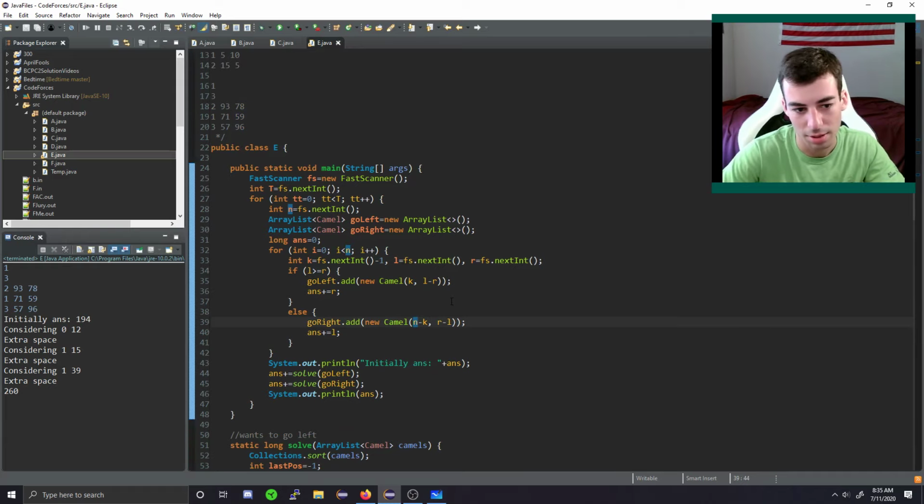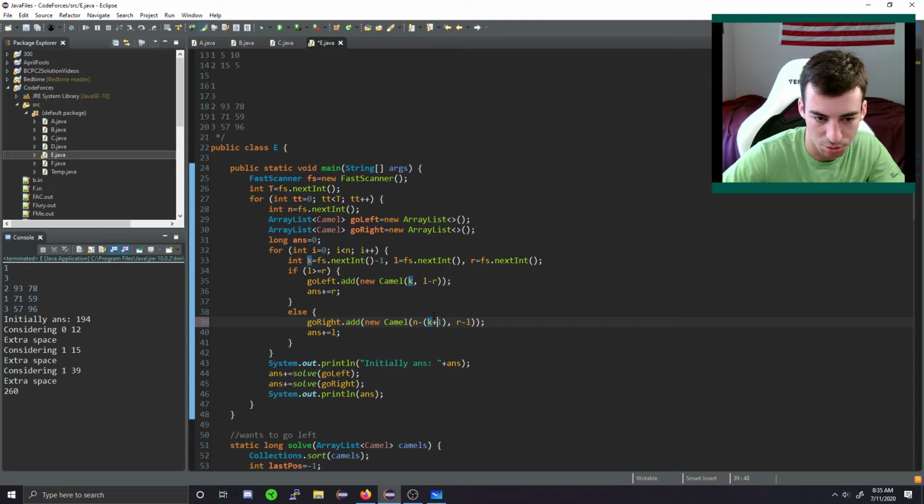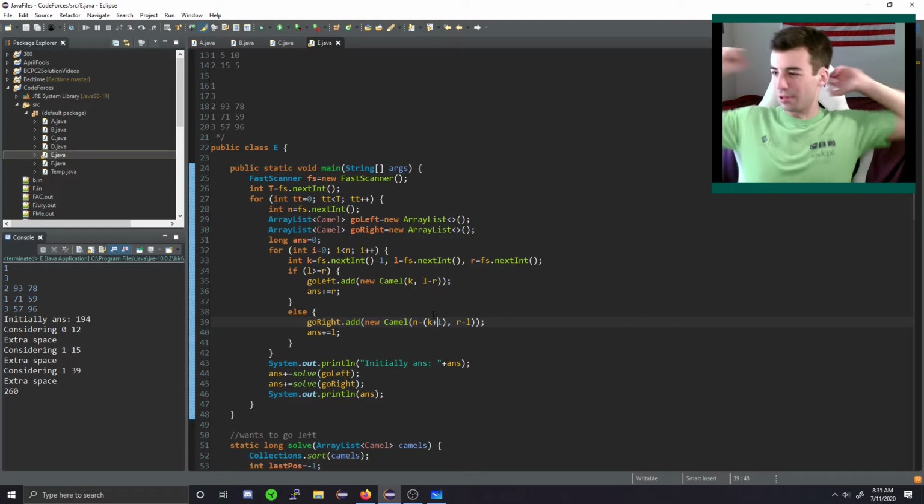This is n minus k minus 1. This is k plus 1. So k was 3, n minus 3 is 0. Why? What is going on here?